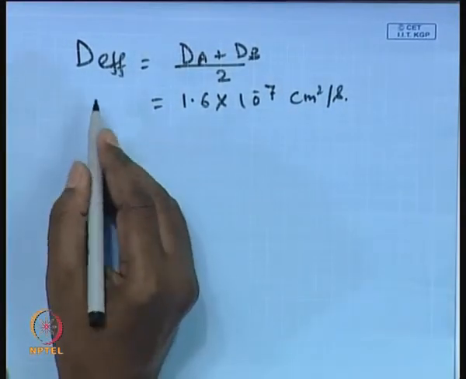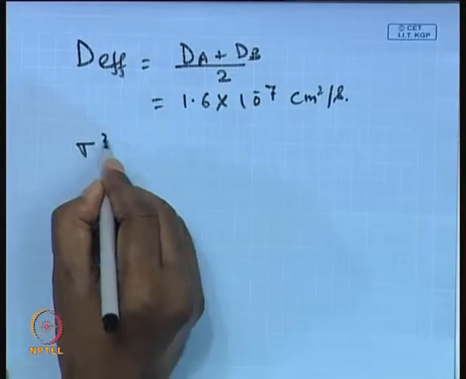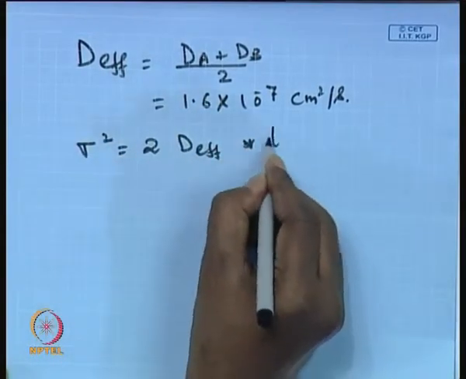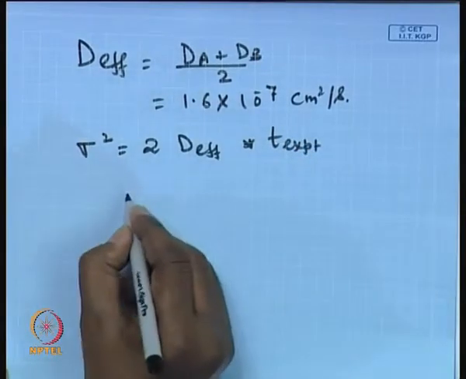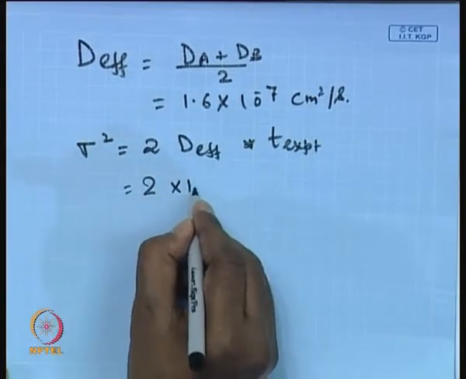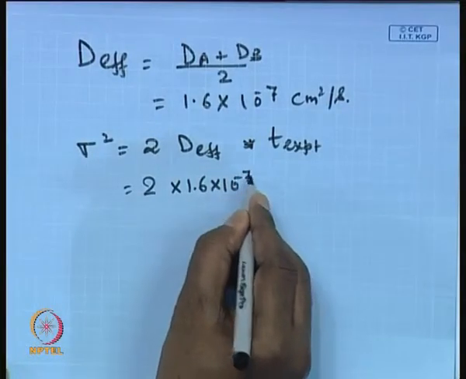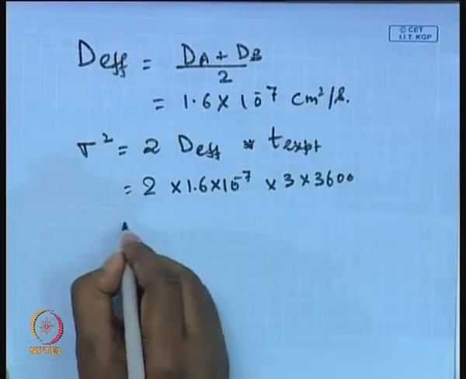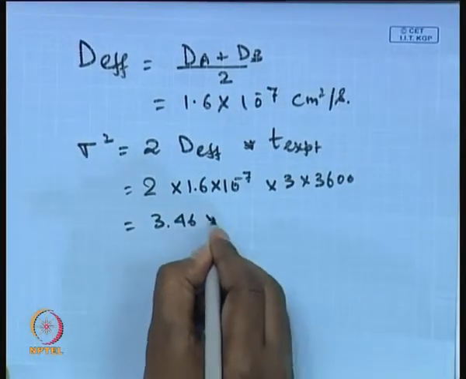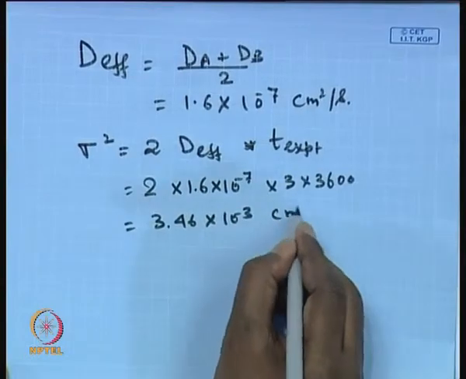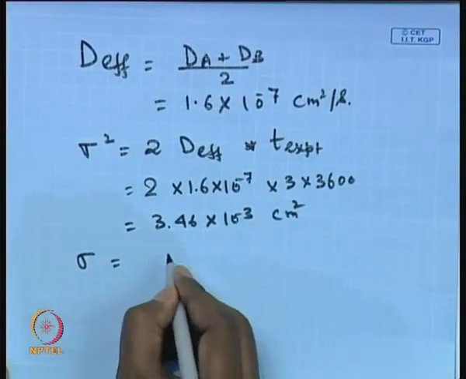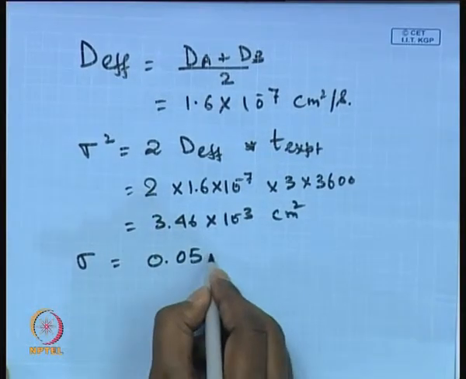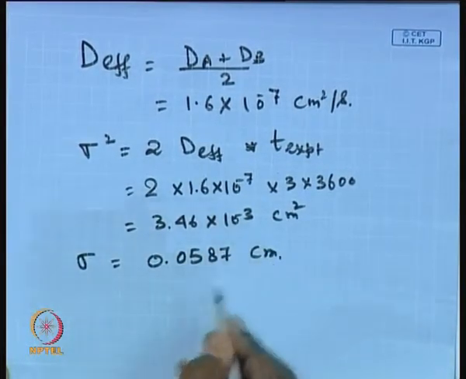Okay. So, you can find out the sigma square. Sigma square is nothing but 2 D effective multiplied by t experimental, and if you put the values, 2 into 1.6 into 10 to the power minus 7 into 3 into 3600, this turns out to be 3.46 into 10 to the power minus 3 centimeter square, and sigma turns out to be 0.0587 centimeter.